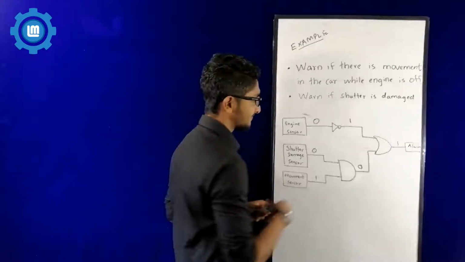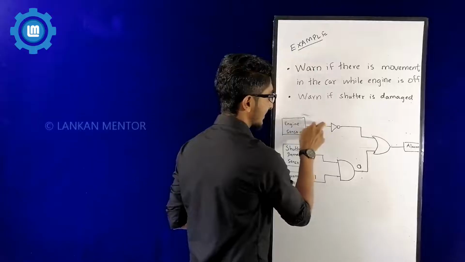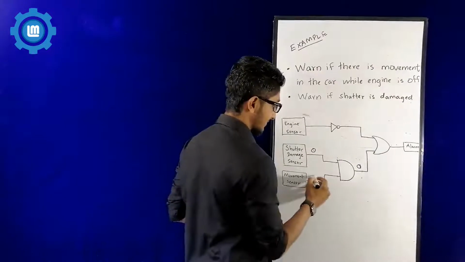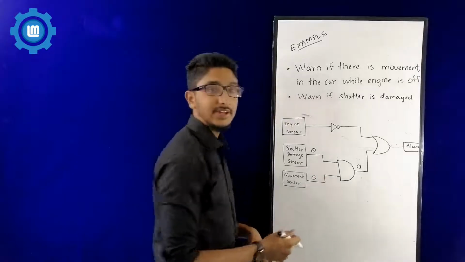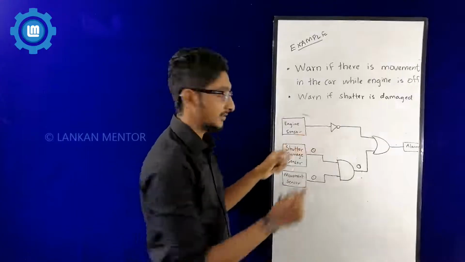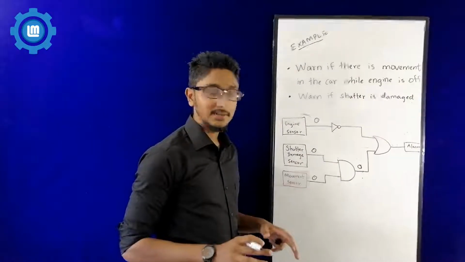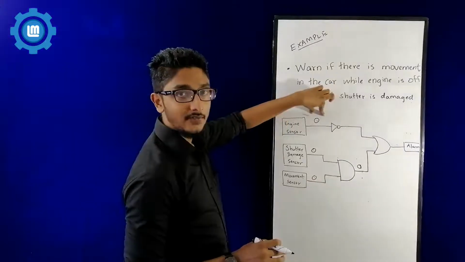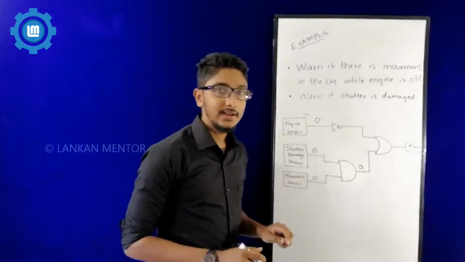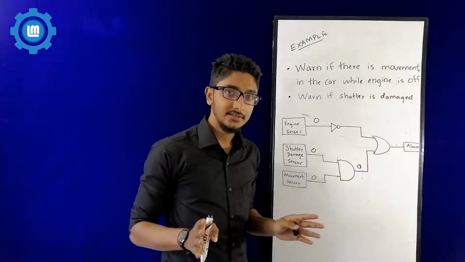What is the problem? Now let's say there is no movement. There is no movement and the engine is off. No shutter damage, no movement. Then the alarm should not work, right? The alarm should not work.